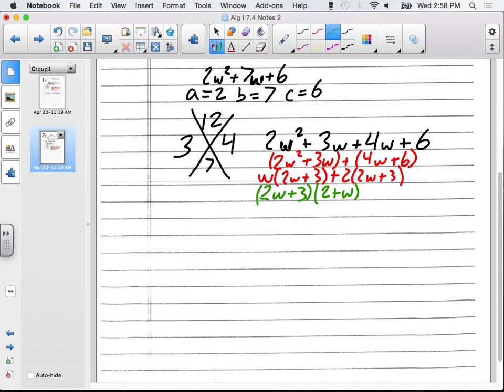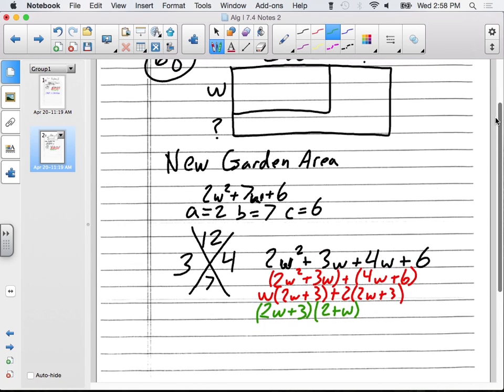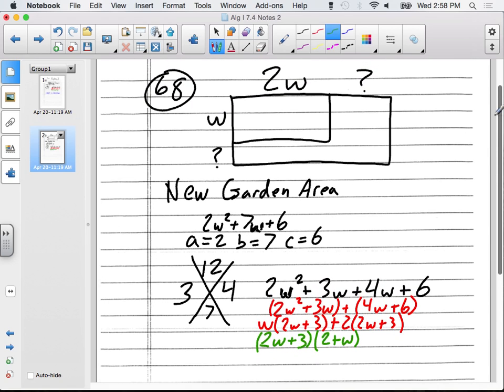Those are the dimensions of the whole garden, right? But we're asked to find how much she increased the old one by. So, what did she increase the length by? Let's do that one. So, length is the top one.